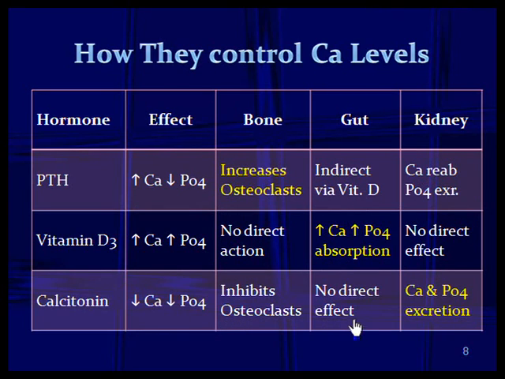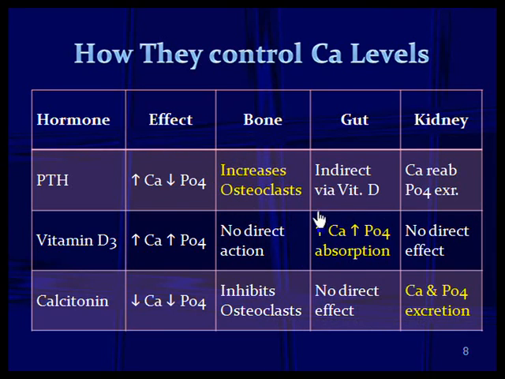It inhibits the osteoclasts at the bone. It has no direct effect on the gut. Of course, it increases the excretion of calcium and phosphate. Look here, the boxes marked yellow. For parathyroid hormone, the major activity is in the bone by increasing the osteoclastic activity.